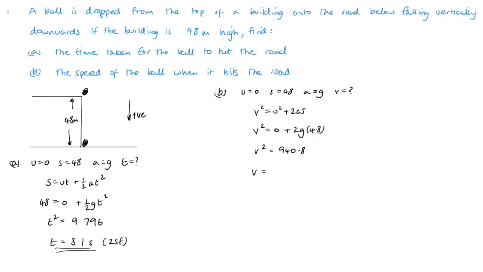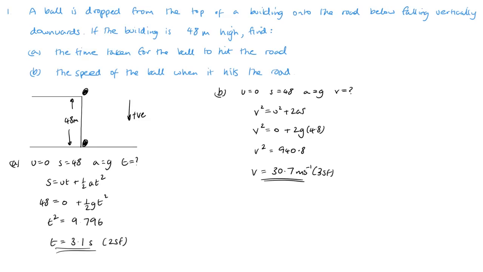So square root of my answer is 30.7, and I'll do this to 3 significant figures there. So 30.7 meters per second, I should say. Do apologise. And that is the nice straightforward question 1 to get you just into these.